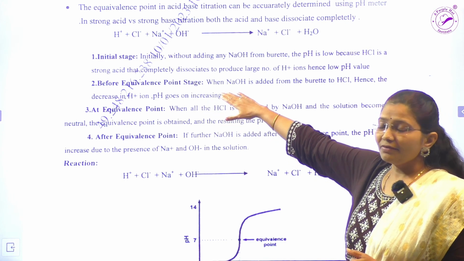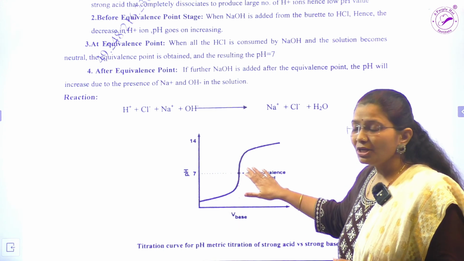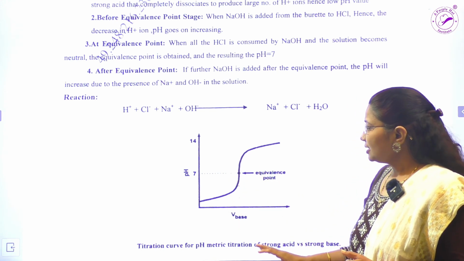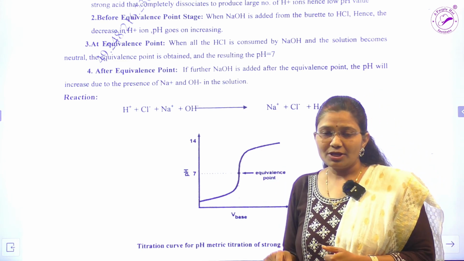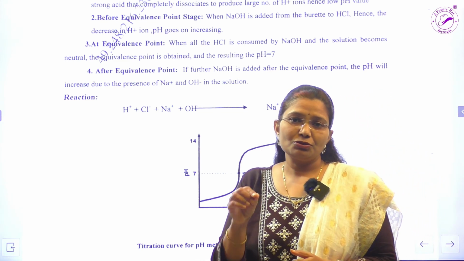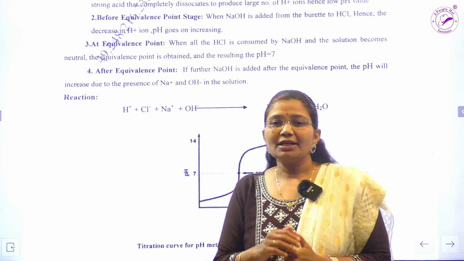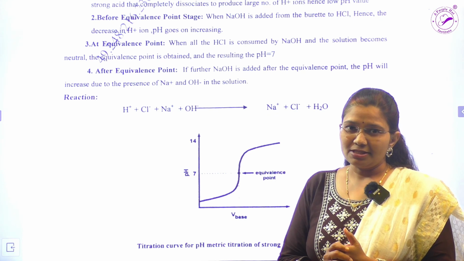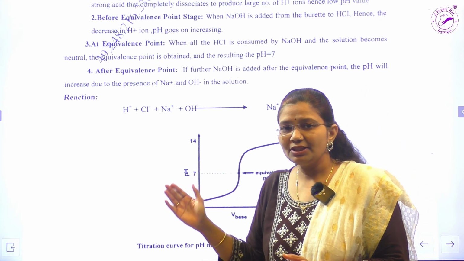Then at the before equivalence point stage, when you are going to add NaOH to the HCl, what happens? The pH slowly rises, because when you are adding NaOH solution to the HCl, that is the strong acid, the H plus ions are getting replaced with Na plus ions, which means the HCl is slowly getting neutralized with NaOH.